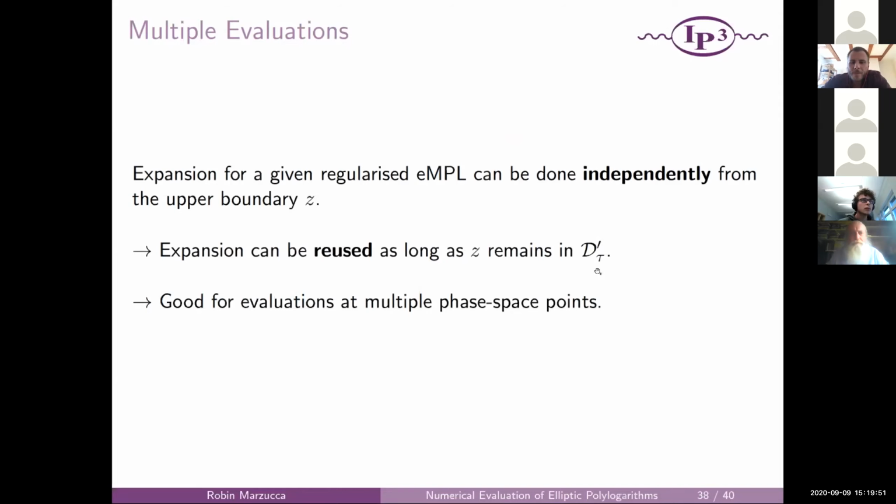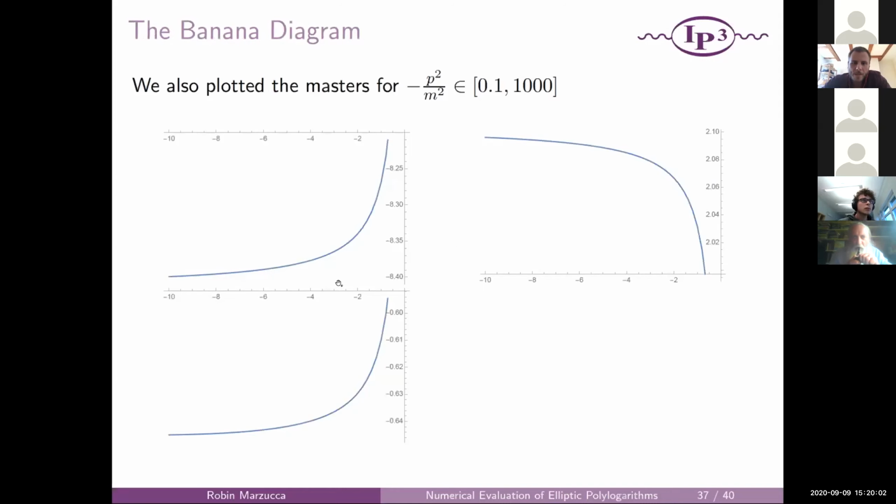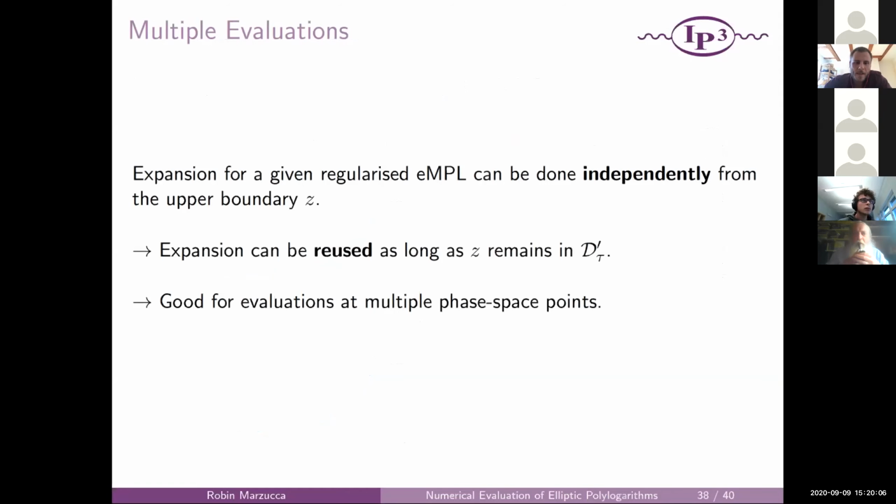As long as that remains in this fundamental domain d tau, you can reuse your expansion as many times as you want. So I only had to compute 1 expansion and was able to make the whole plots here. This is obviously very nice if you want to evaluate your result at multiple phase space points.